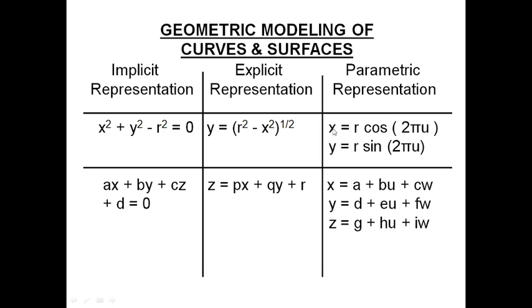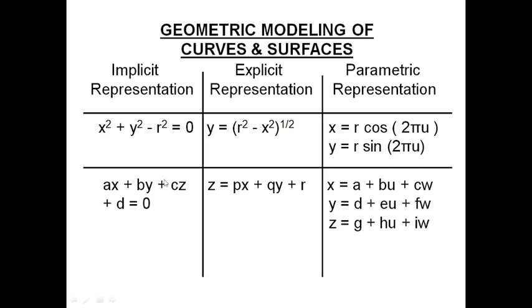So x is defined with respect to u, and y is also defined with respect to u, which we call a parameter. All of these equations, whether implicit, explicit, or parametric, are, as you are well aware, equations of a circle. We will see in a moment how.